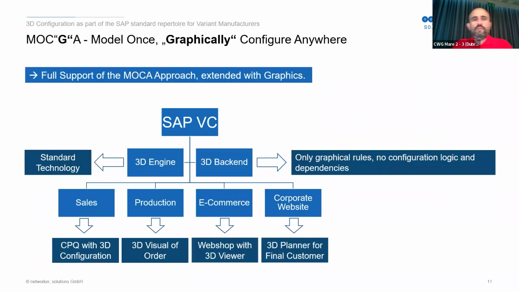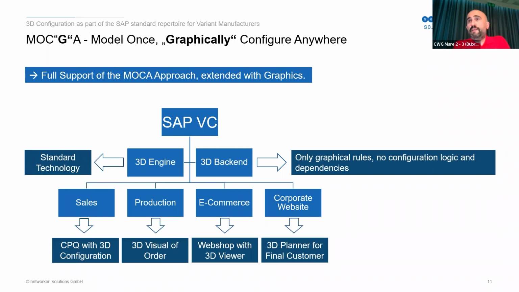So when I say model once, graphically configure anywhere, it means the full support of this approach extended with graphics. So we have VC standing for AVC, LOVC. And there is this kind of standard technology we develop and deliver, but not developing, of course, the 3D engine. That was an easy decision to say, no, we don't want to develop a 3D engine.